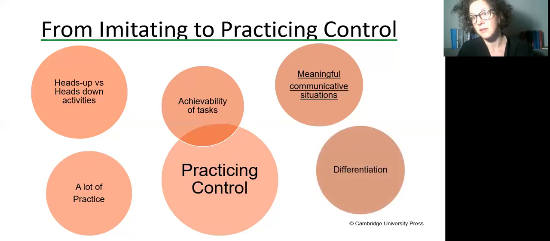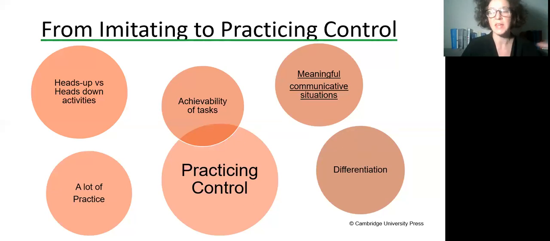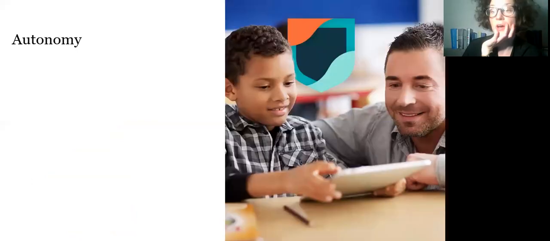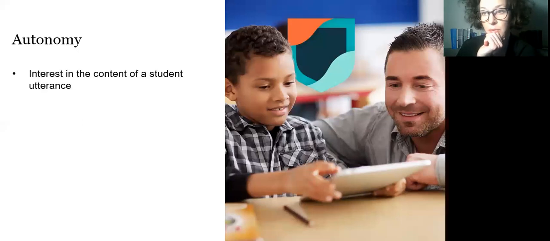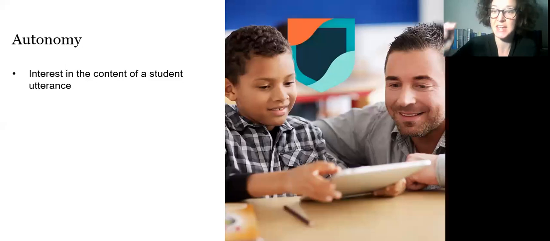Then differentiation. We use very different kinds of tasks, from speaking to writing to listening and reading tasks. Now, autonomy, one more very important element of this grammar appropriation model, with imitating, practicing control, and the use.